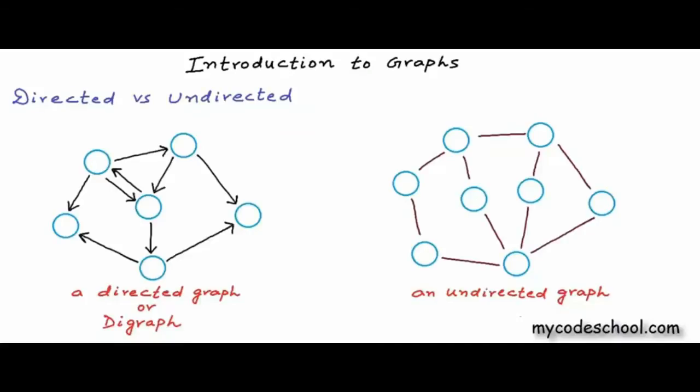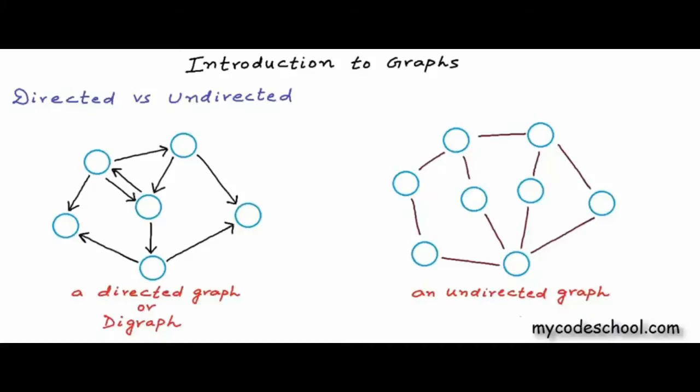There is no special name for it. Usually, if the graph is directed, we explicitly say that it's a directed graph or digraph. So these are two types of graph: directed graph or digraph in which edges are unidirectional or ordered pairs, and undirected graph in which edges are bidirectional or unordered pairs.